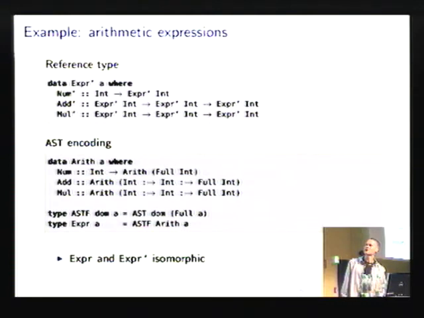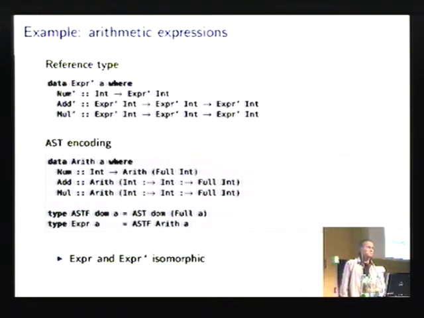These are the symbols. So Arath is now the symbol type. If we look at add, we see that it has no arguments. Instead, it has this phantom type signature that says that it expects two integer sub-expressions and returns an integer result. Num is slightly different here.